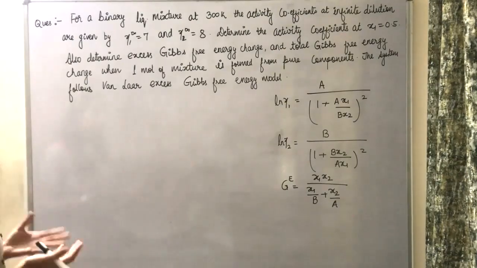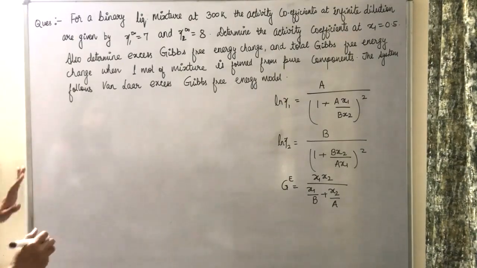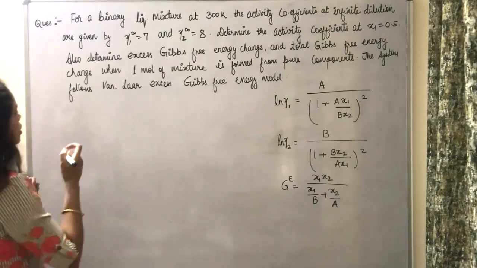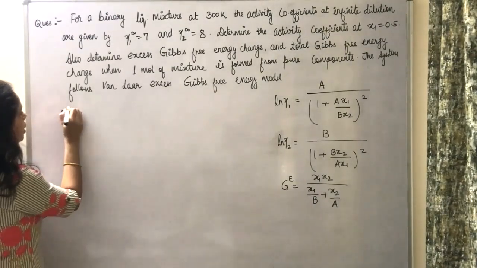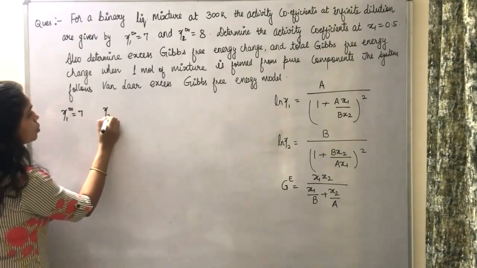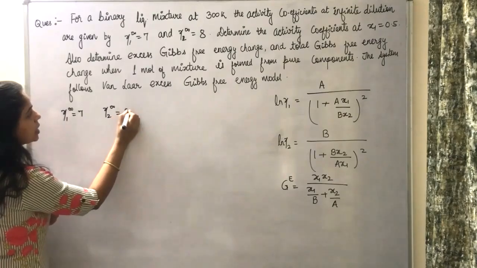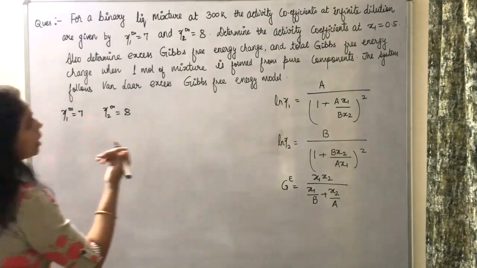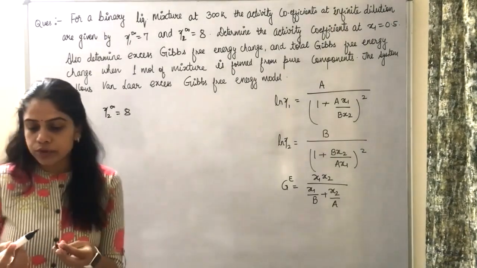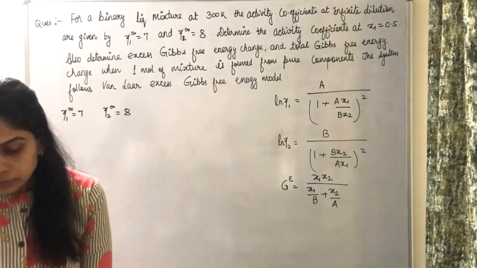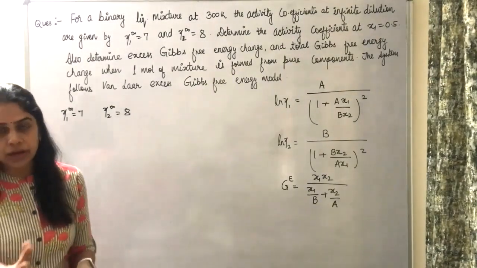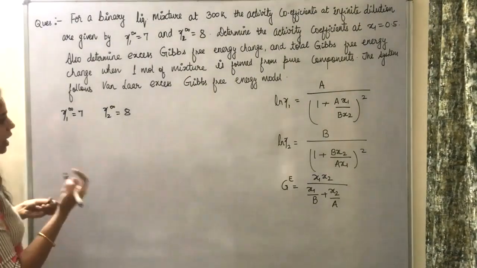So what is given to us? First you just need to understand: gamma 1 infinity equals 7 and gamma 2 infinity equals 8 at infinite dilution. This is given to us. Determine the activity coefficient means what do we need to calculate? We need to find gamma 1 and gamma 2, not ln gamma 1.